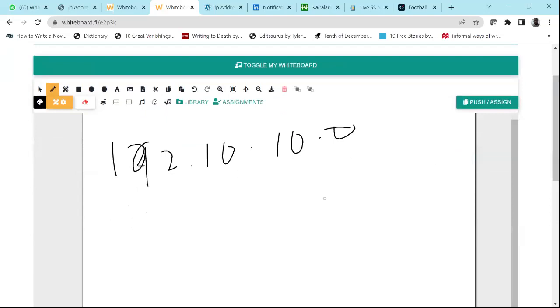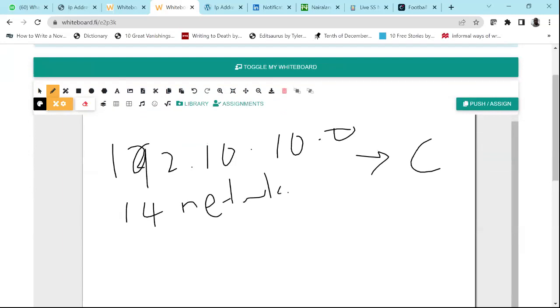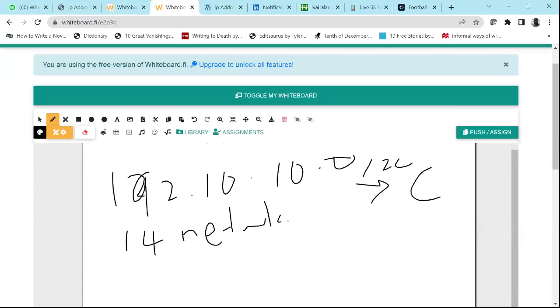Now by default, you look at this. This is a class C, right? And you're asked to subnet it into 14 networks. So we are telling you that we want this IP that was initially a /24, and I don't want it to give me all that many networks.